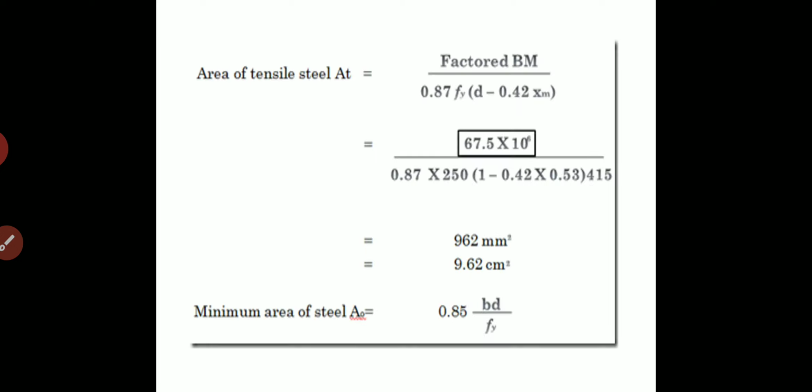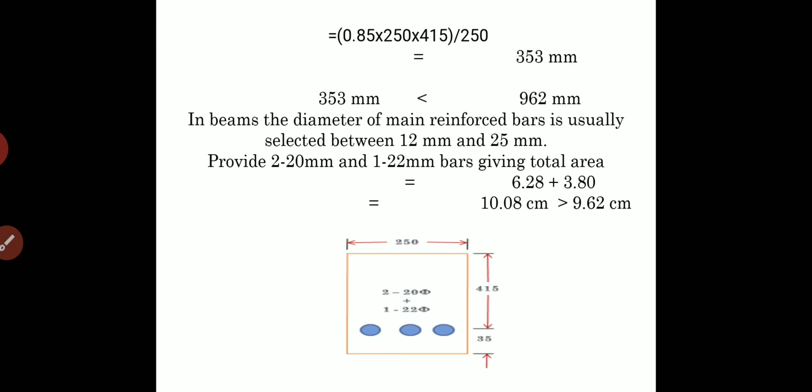We get the minimum area of steel value equal to 353 mm square, which is less than 962 mm square.